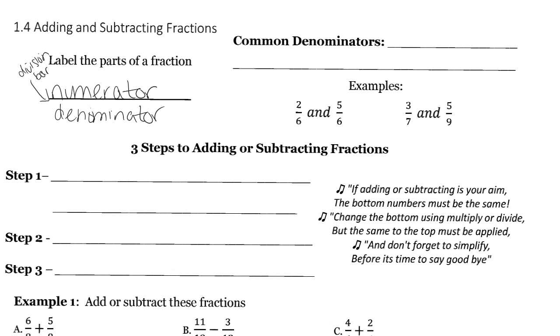Okay, so what do you think it means to have common denominators? So now we're coming over here and we're looking at that definition. Well, common means something that a lot of people have. Denominator is the bottom of a fraction.